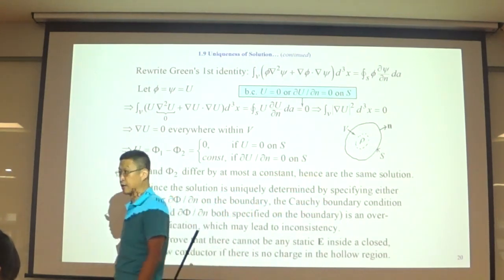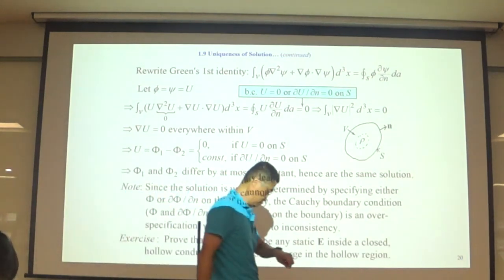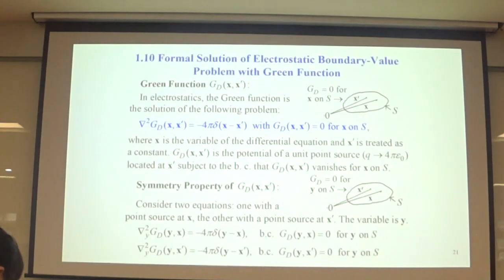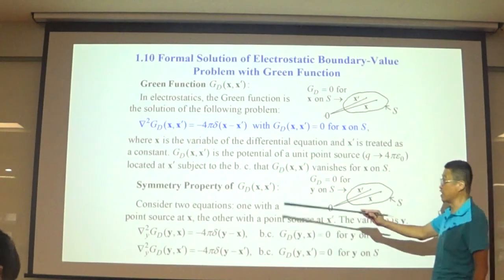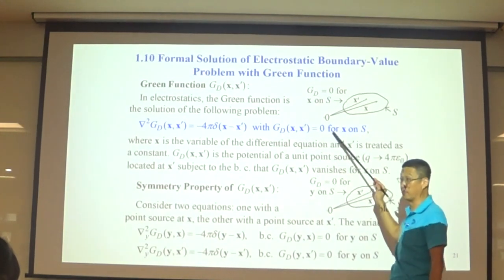Any other questions? That's the end of today's course. Next time we will talk about the Green function. The Green function must satisfy the delta function, and the Green function on the surface will be 0.